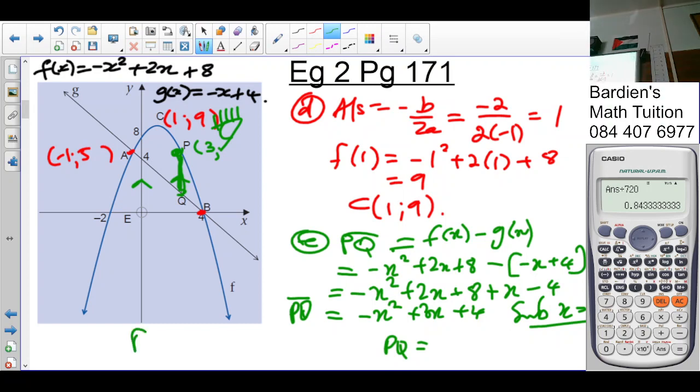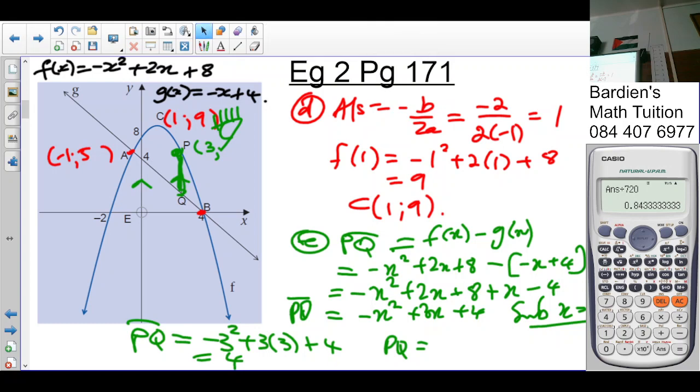So PQ is equal to negative 3 squared plus 3 times 3 plus 4. So what is that going to be? 4 units. Did you guys get 4? So the length of PQ is 4. Any confusion there?